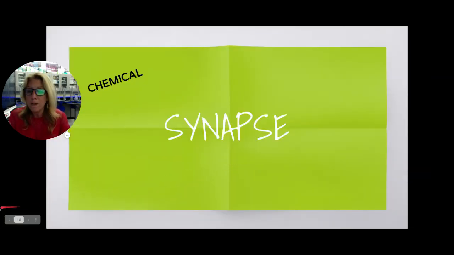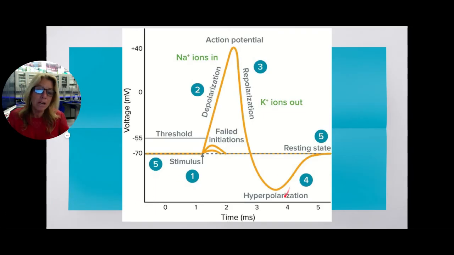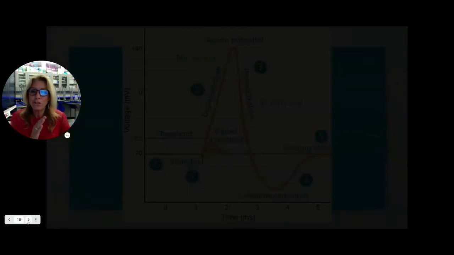In fact, so much so that the inside becomes hyperpolarized, becomes very, very negative, and this keeps it flowing in one direction, and eventually it diffuses away, and you're back to that resting state right here. Okay. All right. So that is the electrical stimulus.